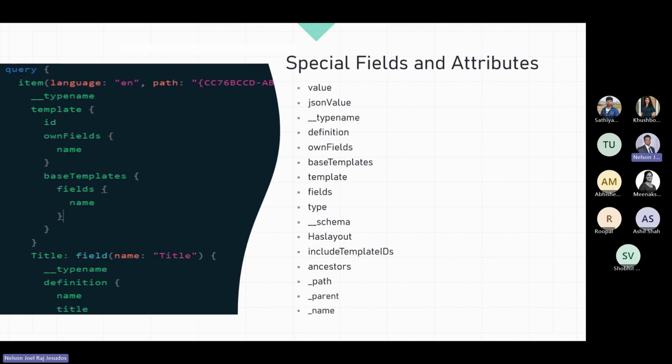Type name basically gives you what kind of type it is. If you put the type name under any item, it will give what type it is, like an item template or something. It will tell you exactly what type it is. Maybe I can show a demo of that quickly. A second.